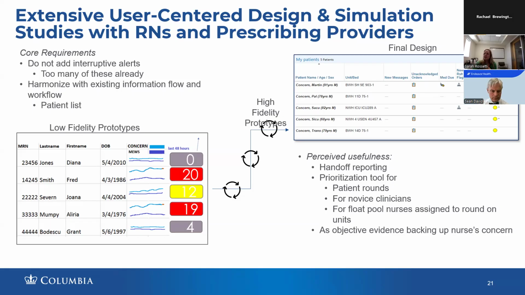Now we developed it with kind of future proofing to it, if you will, in that we write back the score to a flowsheet row within Epic. And so it could be displayed anywhere in Epic. So we're not tied to this patient list design if in the future there ends up being a more important module that is then used.